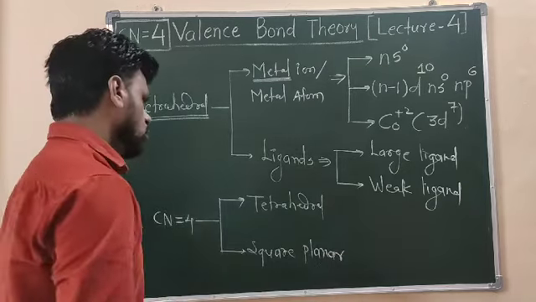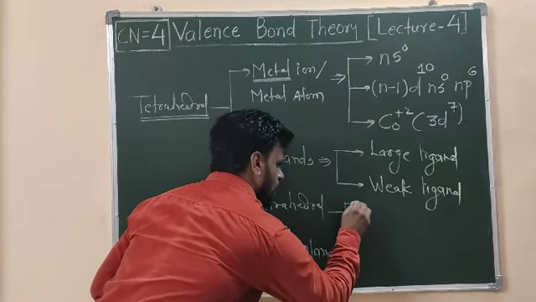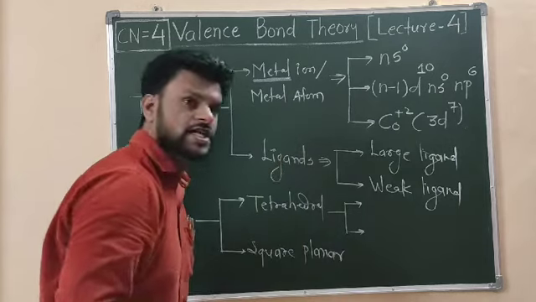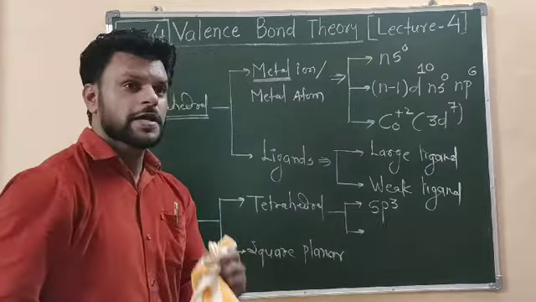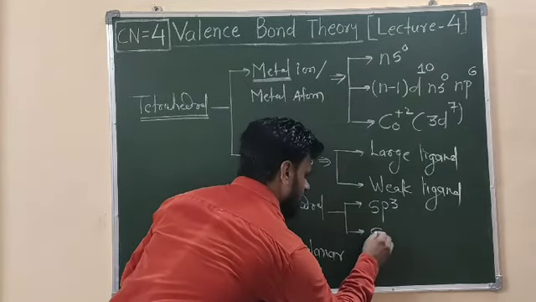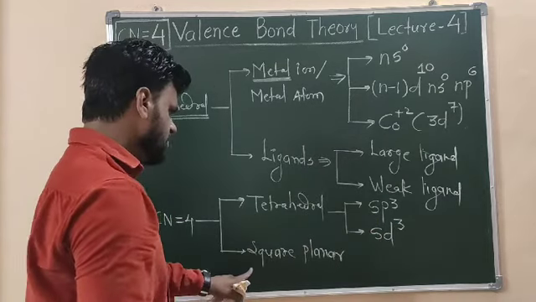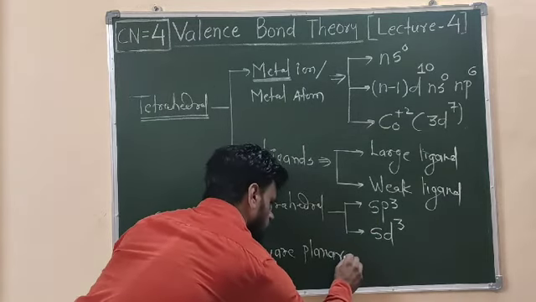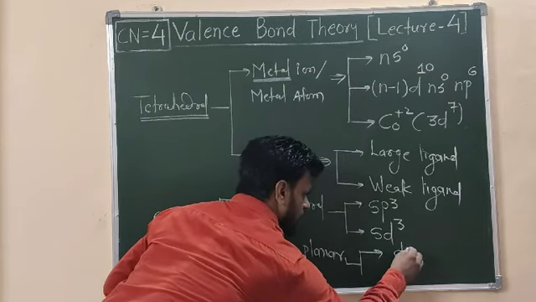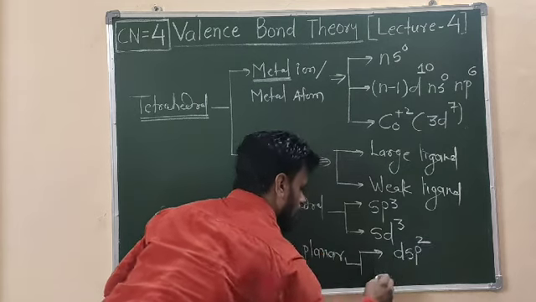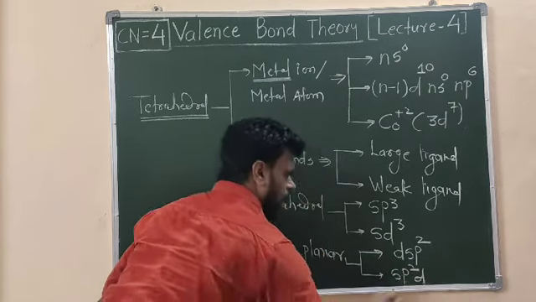Am I right? So when we have tetrahedral complexes, the hybridization can be sp3 hybridization, or, an important point, it can also be sd3 hybridization. And in square planar complexes, we may have dsp2 hybridization, or it can also be sp2d hybridization.